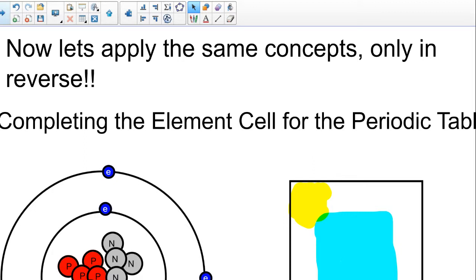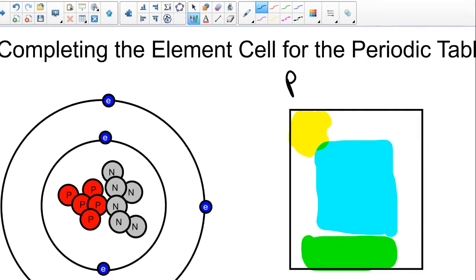We're going to look at the Bohr diagram, or the atom, and we are going to create the cells from the periodic table. So recall again, what was this yellow section? Well, the yellow section was the number of protons. Down below in the green we had the atomic mass, which was the protons plus the neutrons.